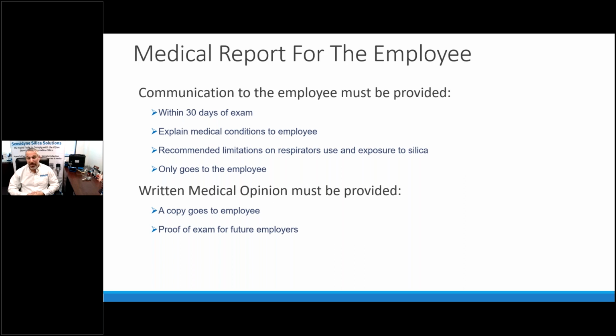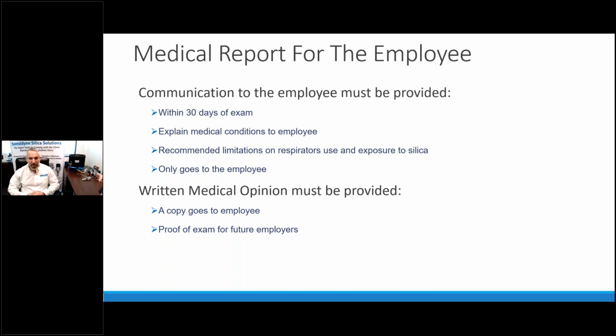Communication to the employee must be provided. Within 30 days of the exam, there must be an explanation of the medical conditions to the employee. There must be recommendations and limitations on respirator use and exposure to silica. And again, this only goes to the employees because it is a protected data set.